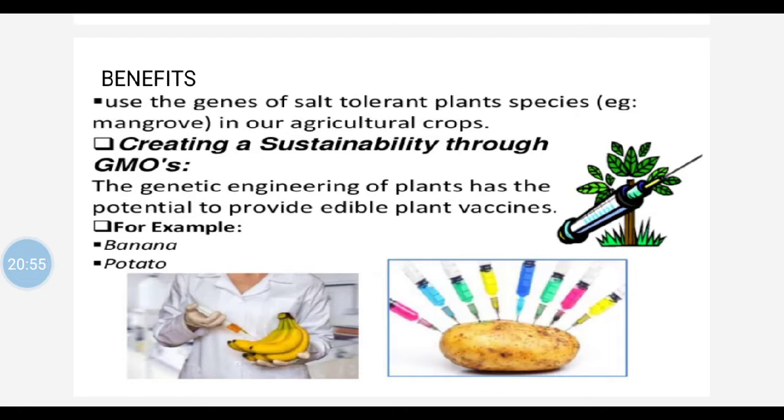So where there is a problem of soil salinity, there the other alternative is that one can go for the genes which are salt tolerant, isn't it? And here one of the examples is mangrove. So whatever the soil may be, there will be the growth of the crops.